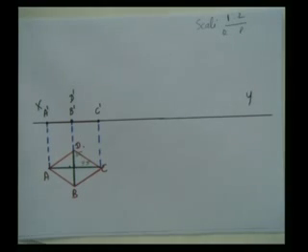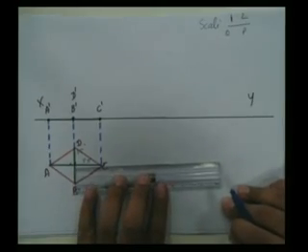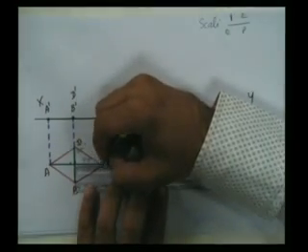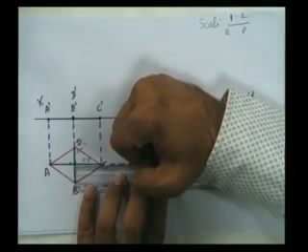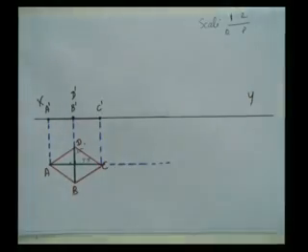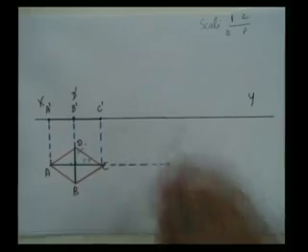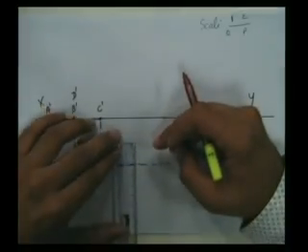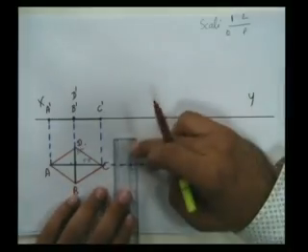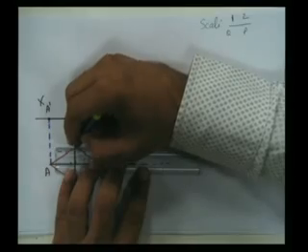So I'll just do one thing. I will extend this AC beyond, and at any point I will draw a perpendicular, and that perpendicular would be of length equal to BD. So instead of just drawing a perpendicular, I'll just extend the rays.